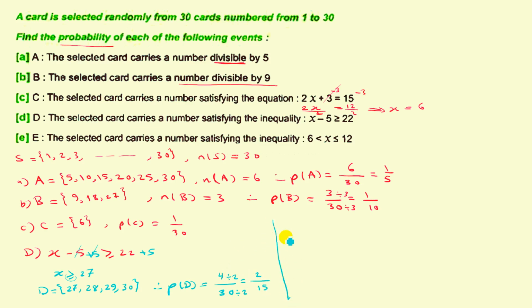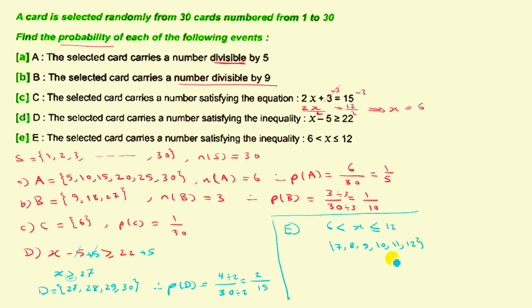Letter E. The selected card carries a number satisfying the inequality: x greater than 6 and smaller than or equal to 12. Of course we don't take the 6. More than 6: 7, 8, 9, 10, 11, 12.